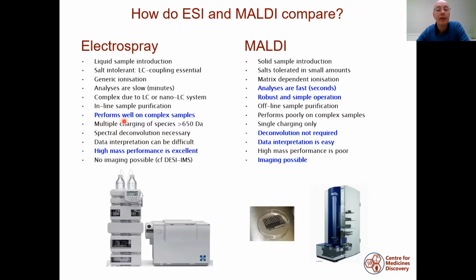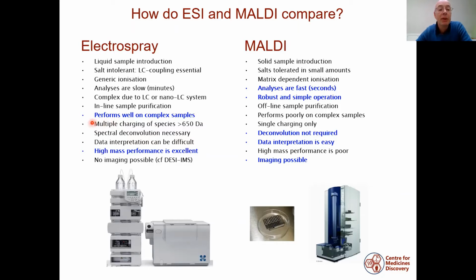Electrospray performs extremely well on complex samples. I would say the vast bulk of interest in biological mass spectrometry is analysis of complex samples. And this is where MALDI falls down. MALDI does not perform well on complex samples unless you have pre-fractionated your sample before it goes into the MALDI.